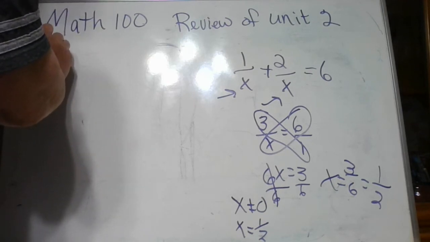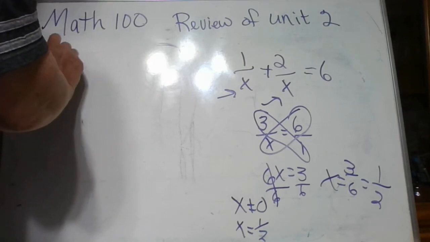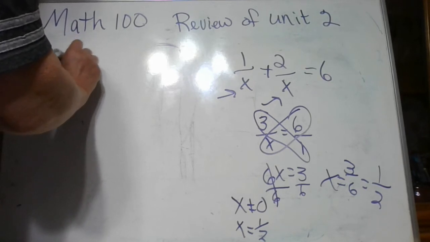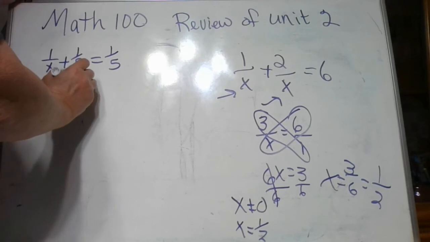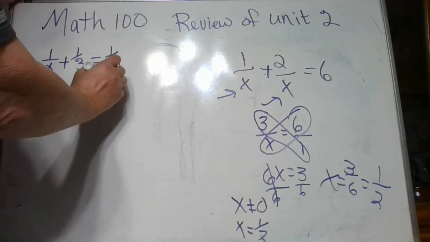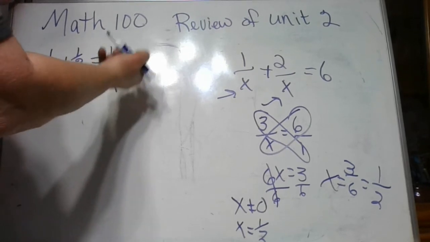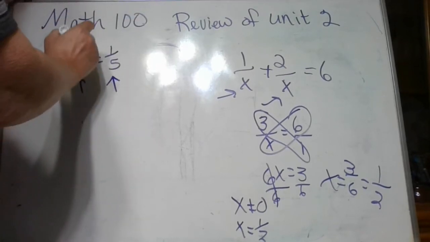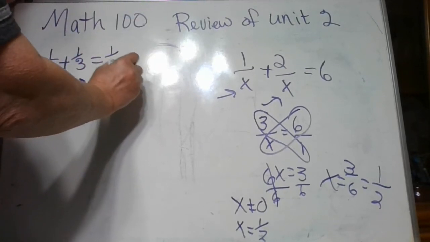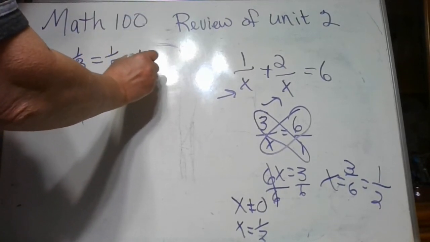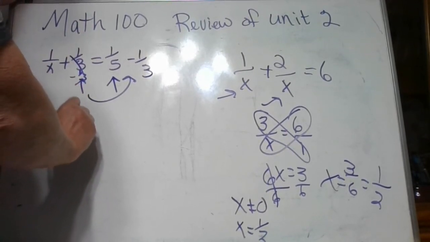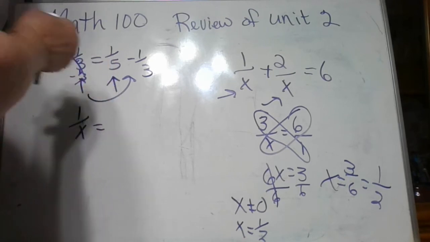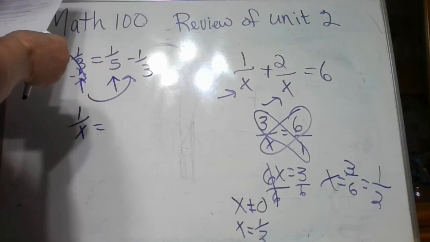The next example, 1 over x plus 1 over 3 equals 1/5. Notice this number and this number are fractions, and so what I'm going to do is move the 1/3 over here by subtracting it. So now I subtracted from both sides, so I have 1 over x is equal to 1/5 minus 1/3.